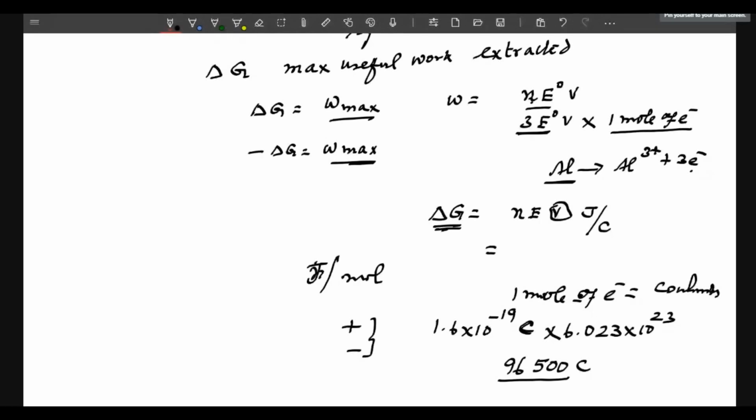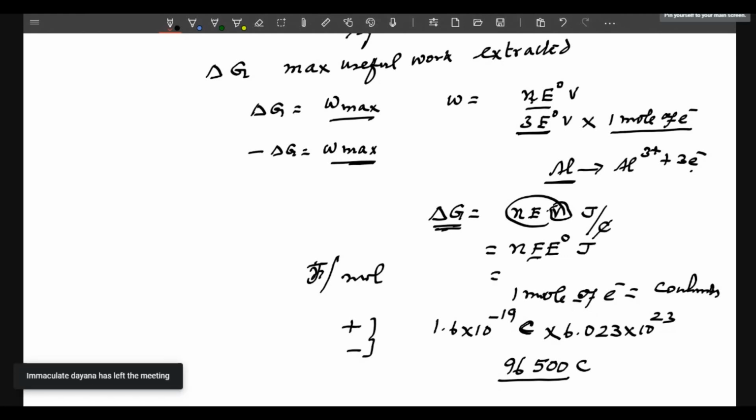Therefore, to convert from 3 electrons to 1 mole of electrons, you have to multiply it with NFE naught. Now you are multiplying with so many coulombs, that coulombs would be cancelled, and you will get the joule, and the minus maximum work done is nothing but NFE naught.